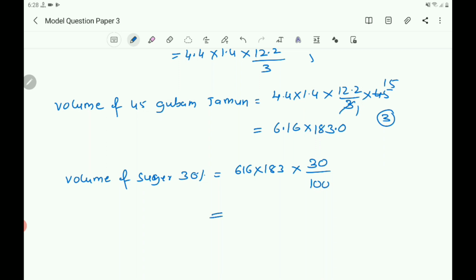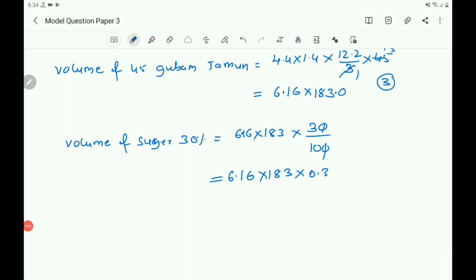So here you will get 0 cancels, then 6.16 into 183 into 0.3.